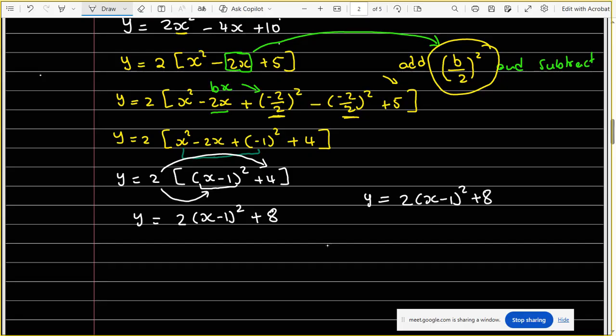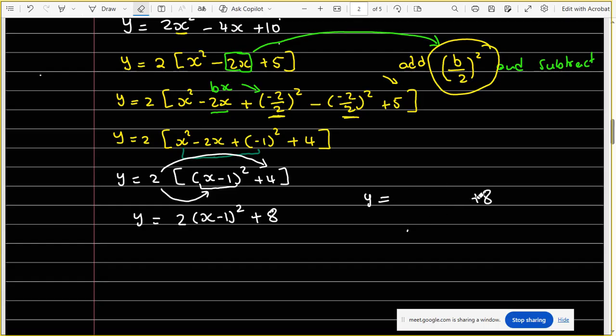So what will be the turning point? Remember, the turning point is x is p, oh I'm sorry, p is to q. I'm not sure if you understand how this works.